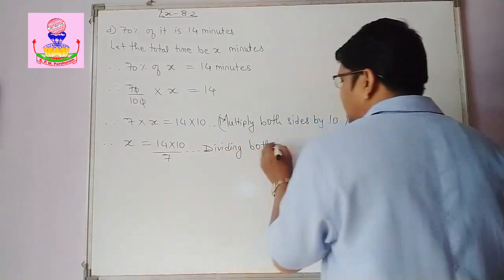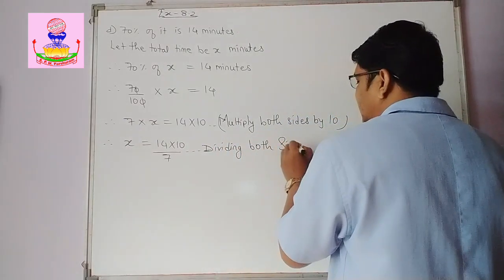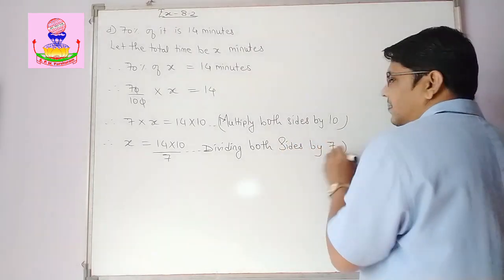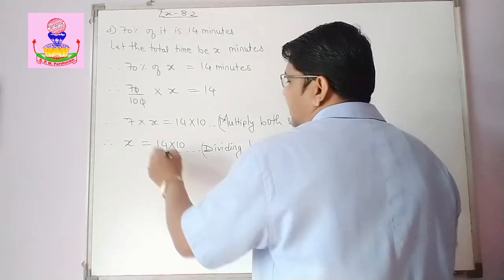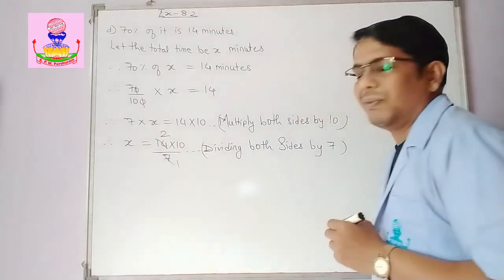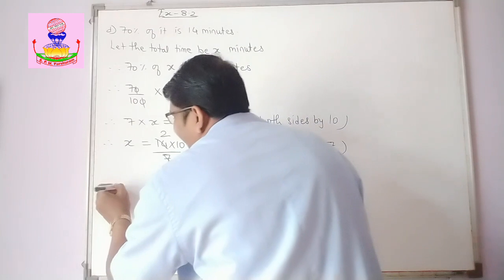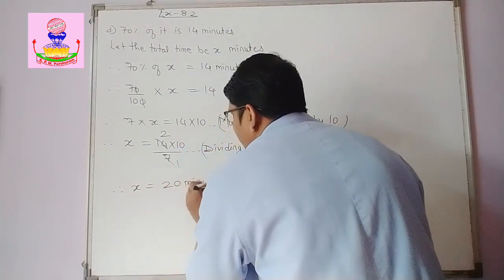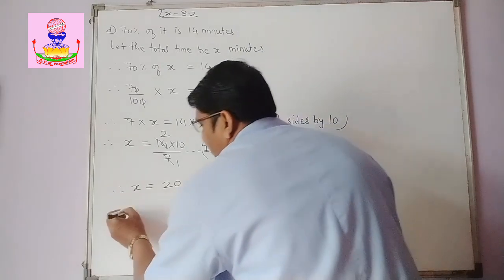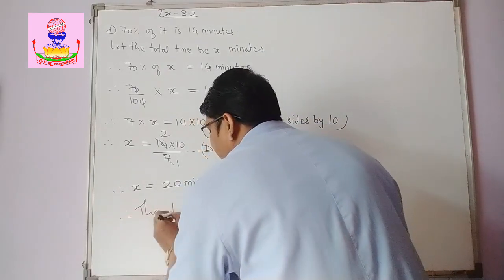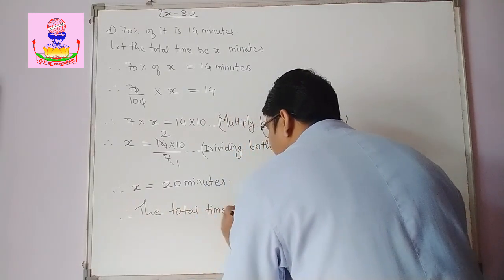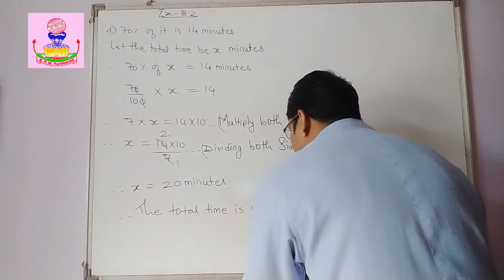So x is equal to 14 into 10 upon 7, dividing both sides by 7. So 7 ones are 7, 7 twos are 14, and 10 twos are 20. So x is equal to 20 minutes.